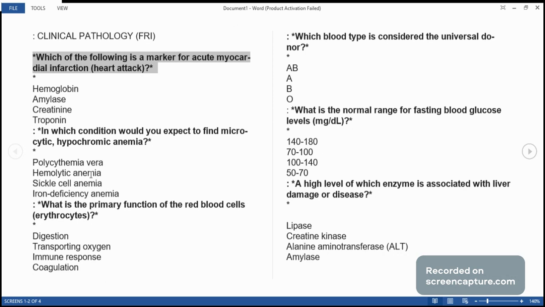So low MCV, low MCHC, sometimes even the hemoglobin itself is also low. That is what we talk about as microcytic hypochromic. And vice versa, macrocytic hyperchromic becomes the case.